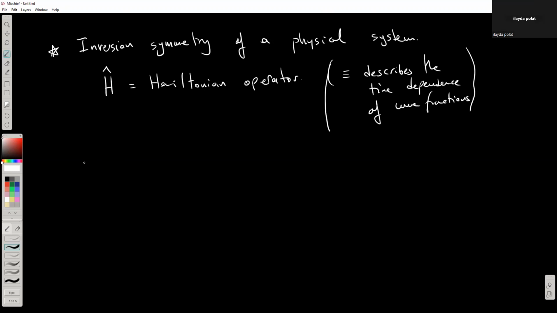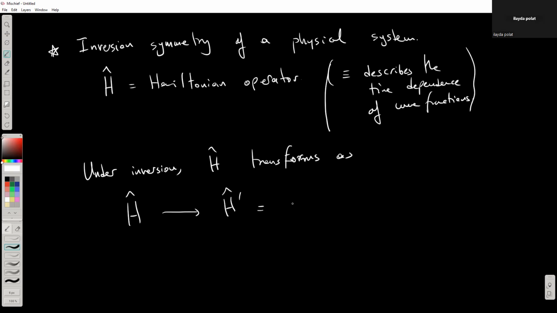First of all, under inversion, the Hamiltonian transforms like that. The Hamiltonian is transformed into a new Hamiltonian, which is essentially a similarity transformation.